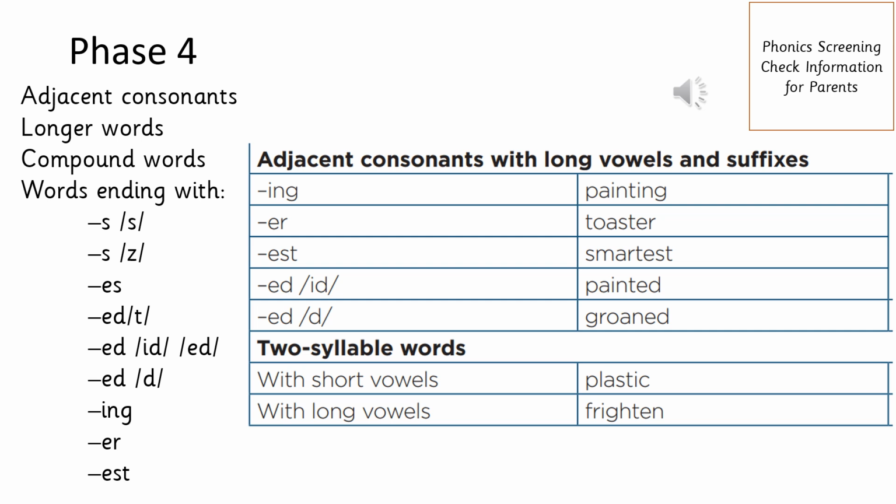Here are some further examples of phase 4 words with ing, est, id, and d at the end. There's also 2-syllable words with short vowels and long vowels.